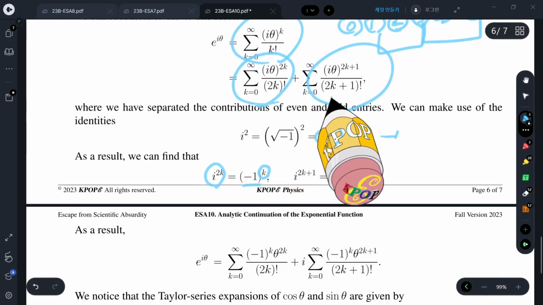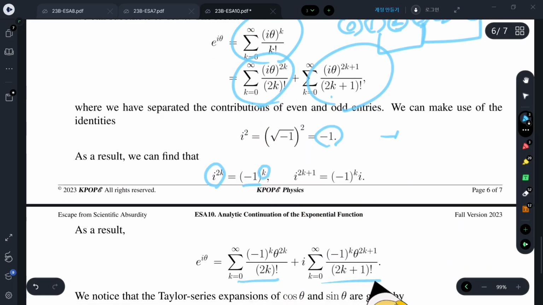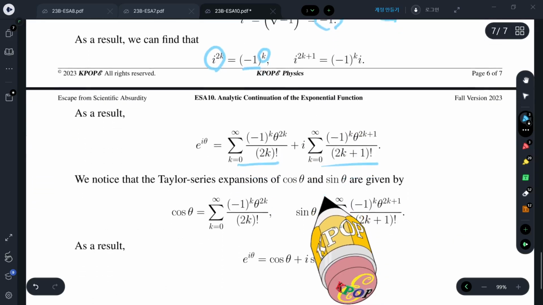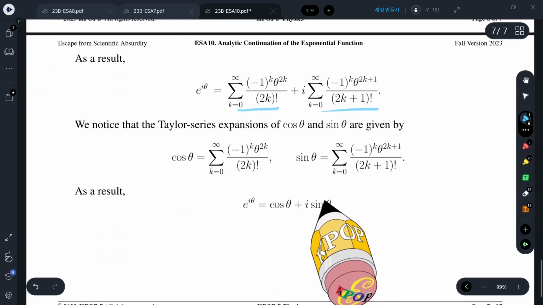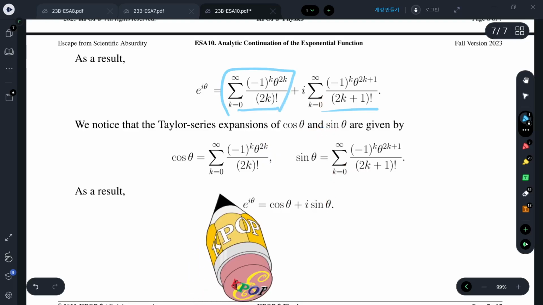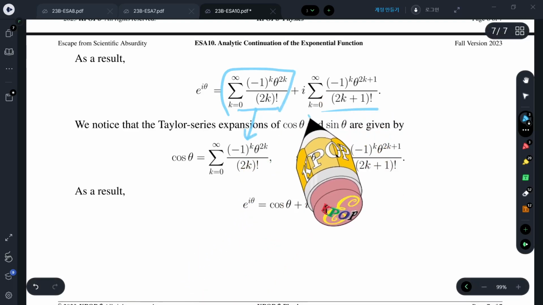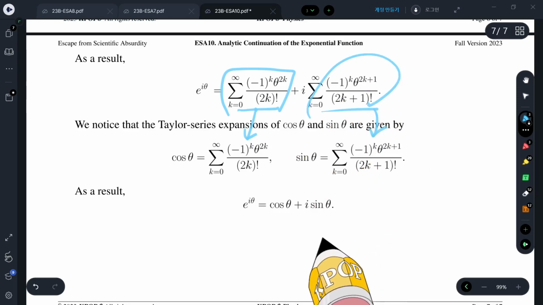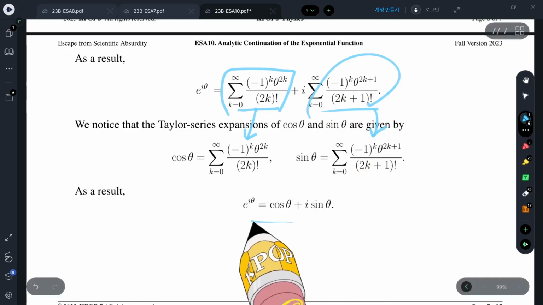Therefore, these two sums can be simplified in this manner. And perhaps you must have learned that this one is the Taylor series expansion of cosine, and this one is the Taylor series expansion of sine.